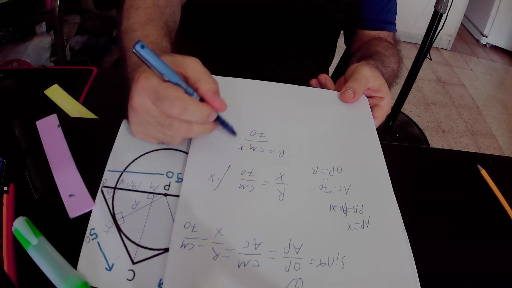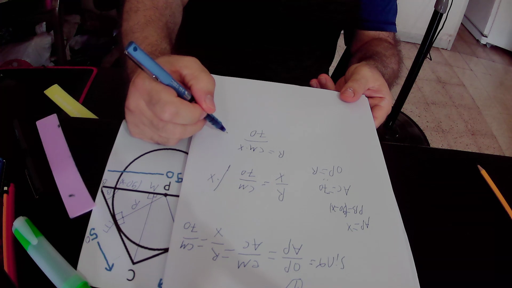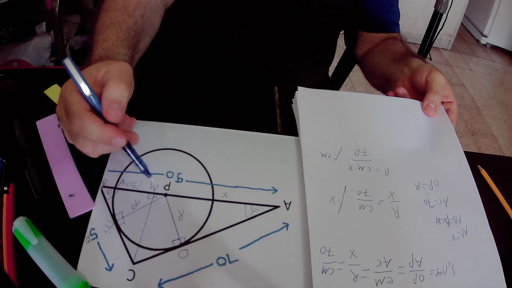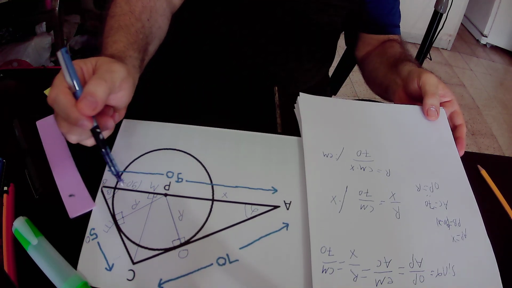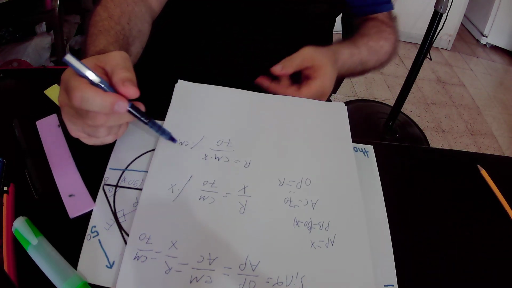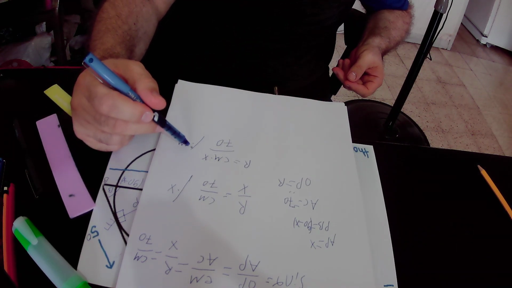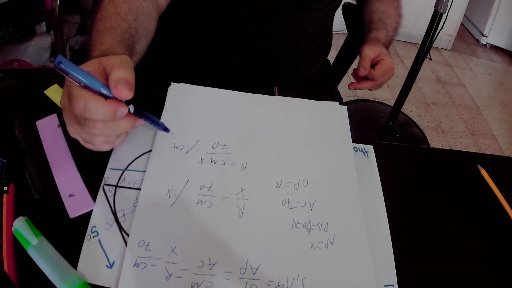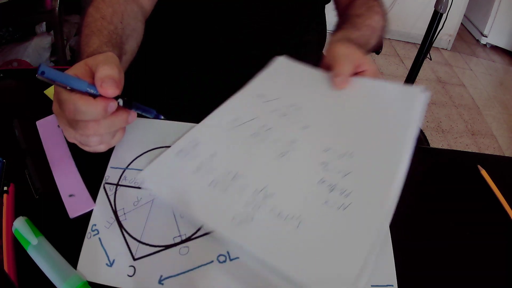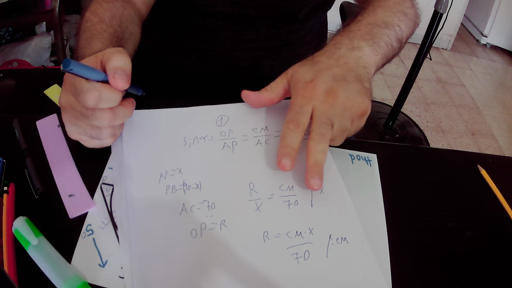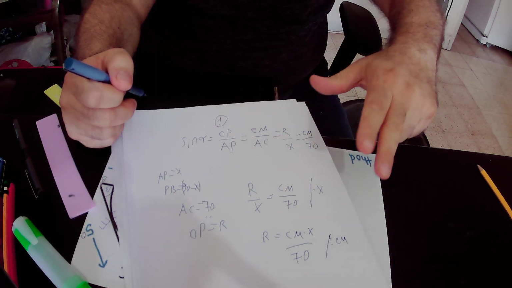Now we can divide both sides of the equation by CM. CM is the perpendicular to side AB of the triangle, so it is a positive number. We can divide both sides by CM because it can never be zero. So it is allowable to do this. R equals CM times X divided by 70.